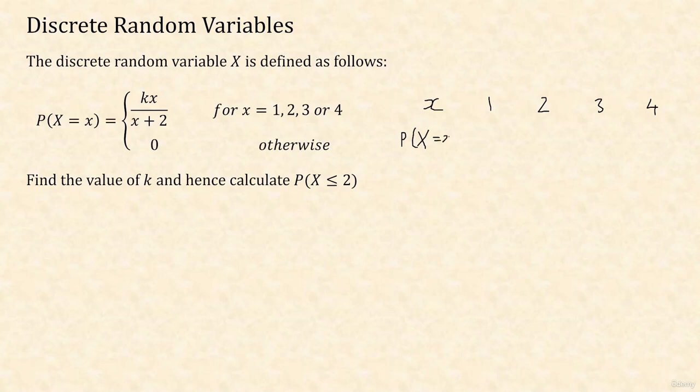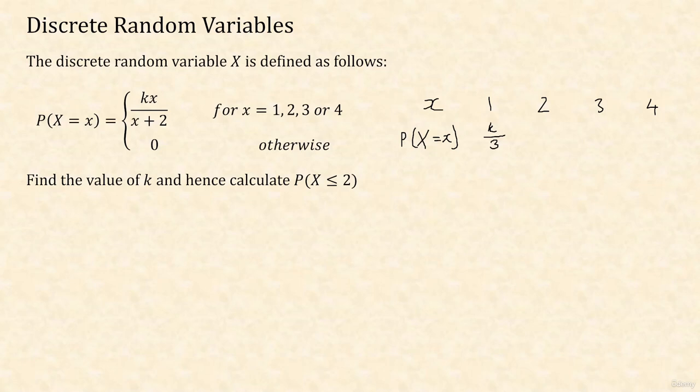So now I need to work out what is the probability of each of these using this rule. Okay, so when x is 1, the rule is k times 1 over 1 plus 2. So that's k times 1 is k, and that's over 1 plus 2, which is 3. So that's the probability that x is 1. And I just work through doing this for all of them.